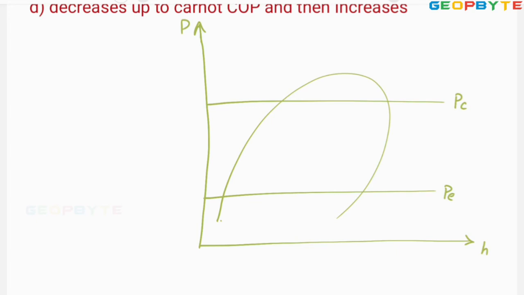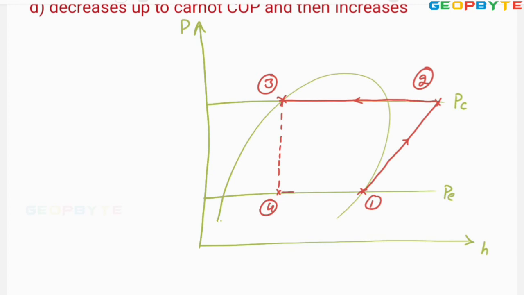For an ideal refrigeration system, the compression starts on the saturation curve. 1 to 2 is compression. 2 to 3 condensation. 3 to 4 throttling process. 4 to 1 evaporation.